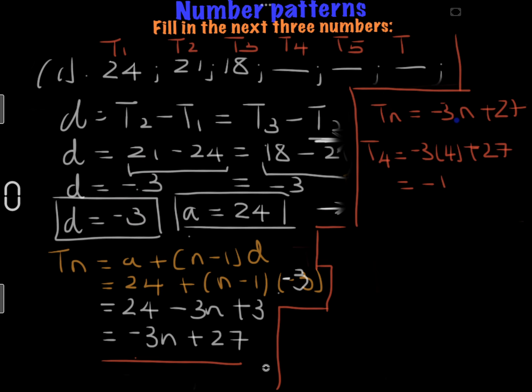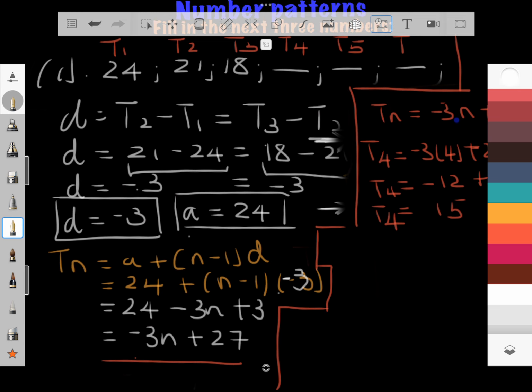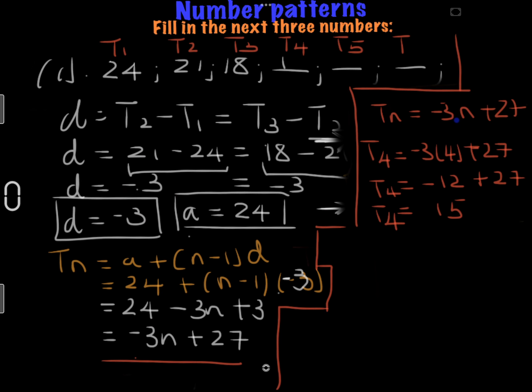There I'll write negative 12 plus 27 is equal to 15. So our fourth term in this case, T4, is equal to 15. Go ahead and write it down.